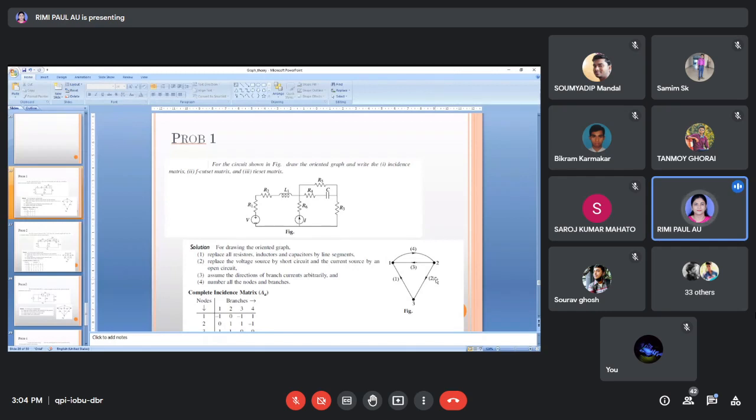Tell me orally, which branches can we use to make a tree? Which branch can we take to make a tree? Or which branches can we take to make a tree?